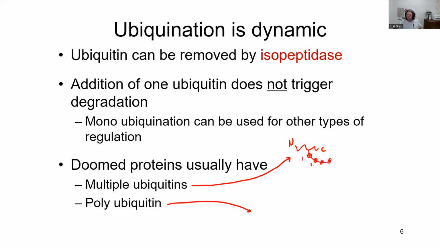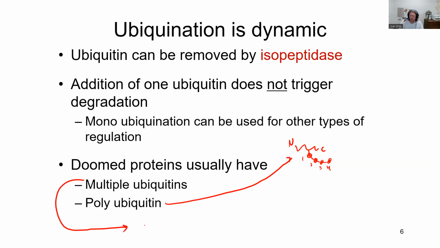So 1, 2, 3, 4. So this protein got ubiquitinated in one place, and then a chain of 4 ubiquitins was added to it. Actually, you know what? I'm going to erase this, because this would be a better model for polyubiquitination. Multiple ubiquitins would look a little bit more like this.